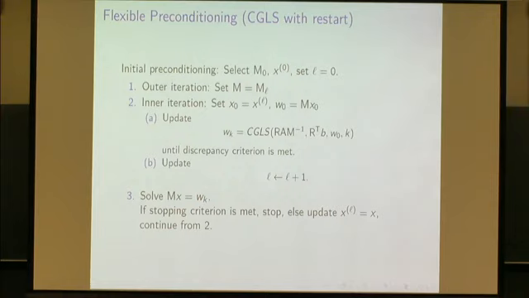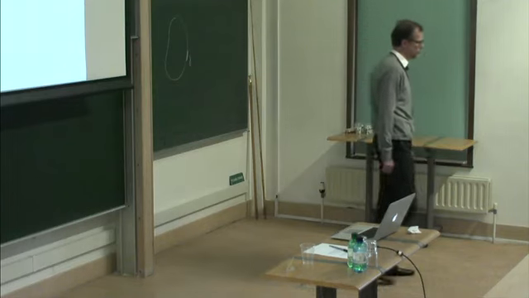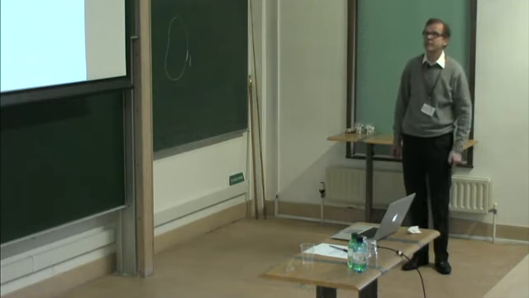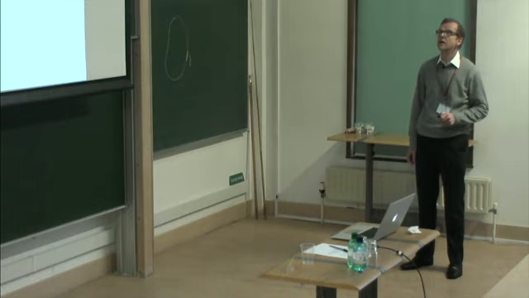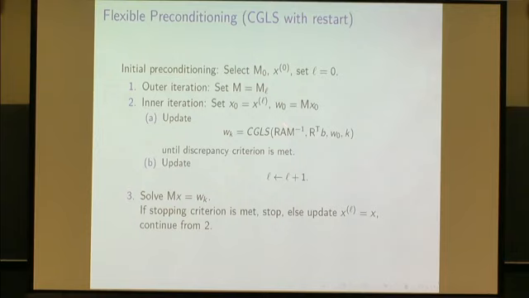Before I do that, I mentioned that there's something which is called flexible preconditioning, which you can find, for instance, in the book of Yousef Saad. In flexible preconditioning, you change the preconditioners at some point. You start your iterations using preconditioners, and then after some number of steps, you restart your iterations by changing the preconditioner.